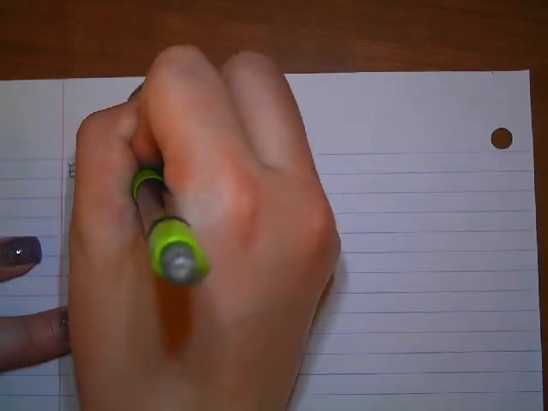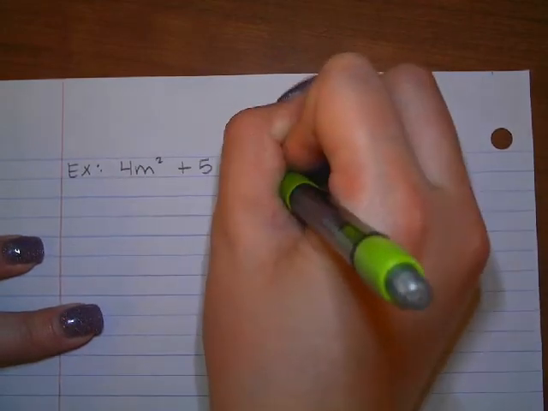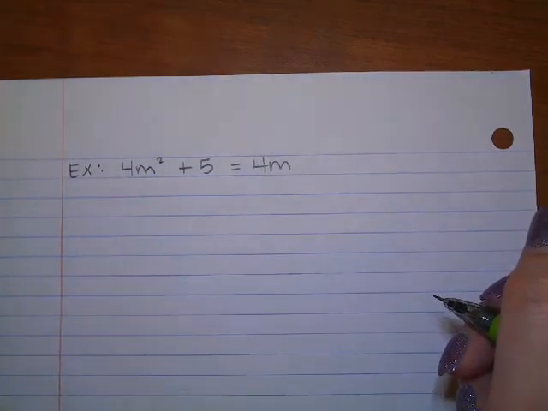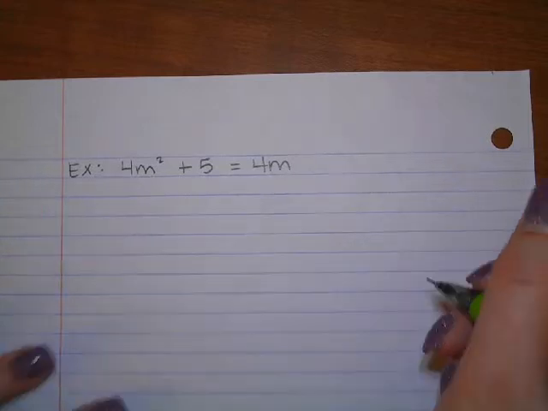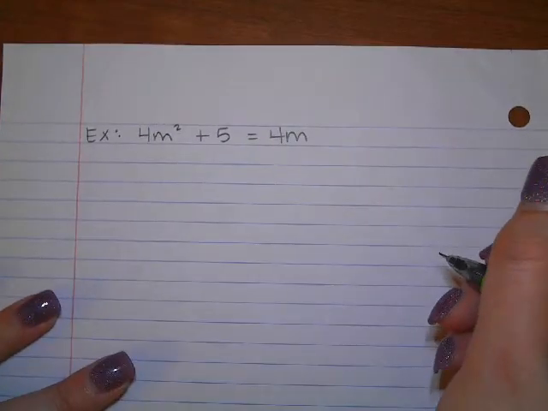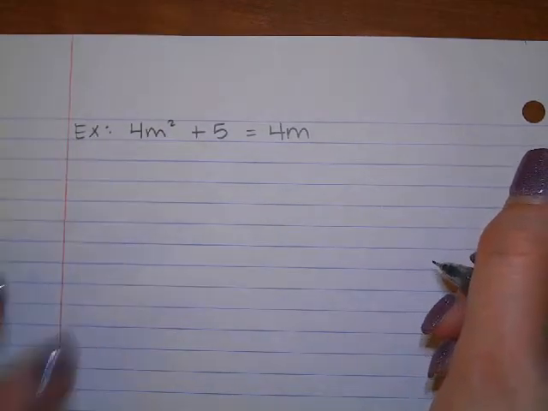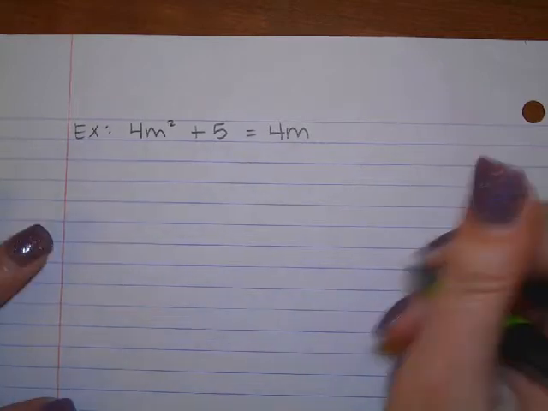4m squared plus 5 equals 4m. All right, what do I do first? Subtract the 4m.